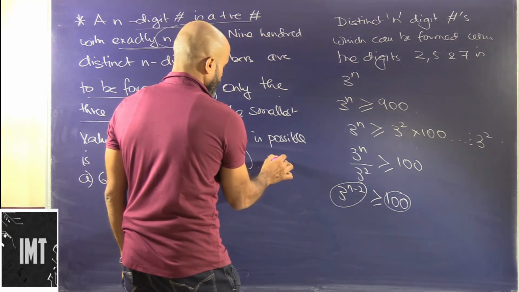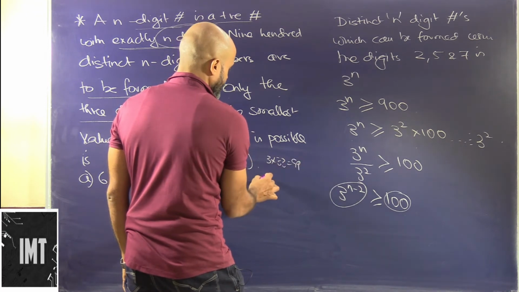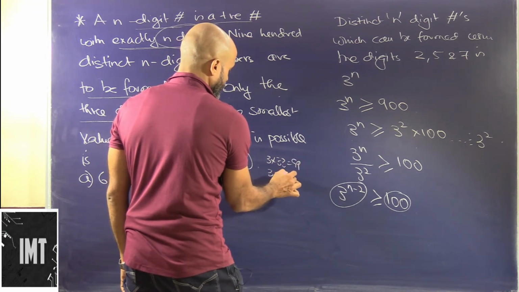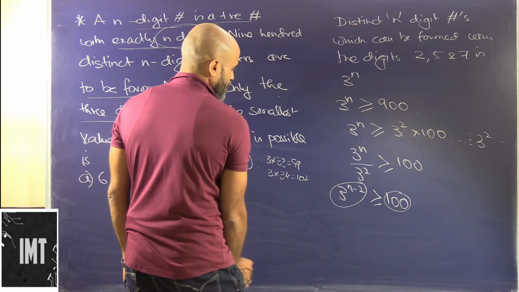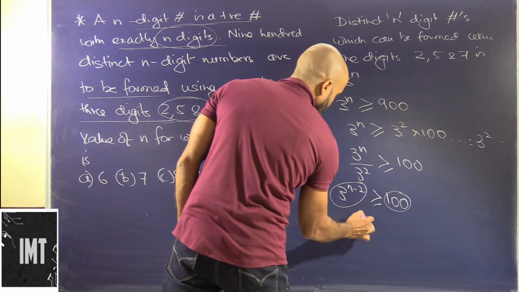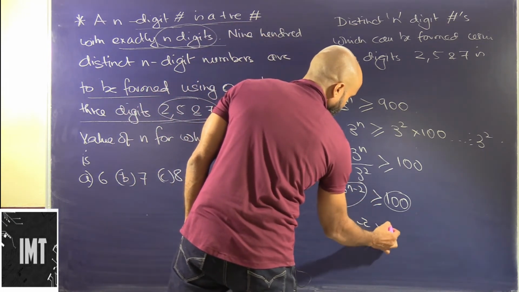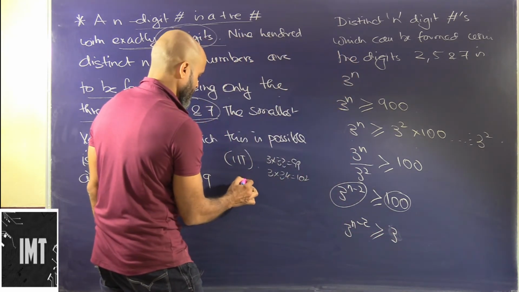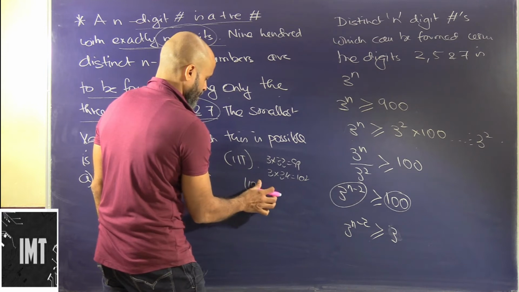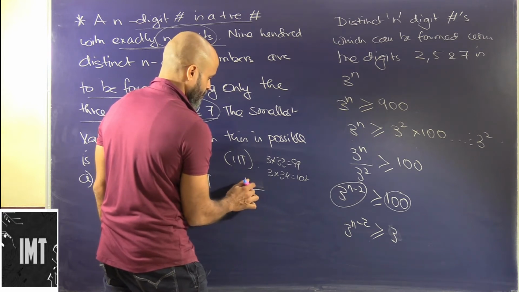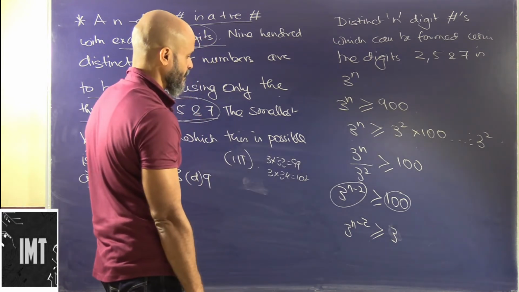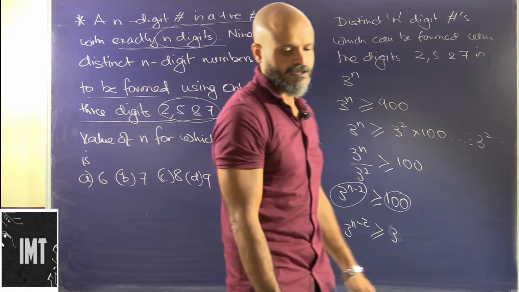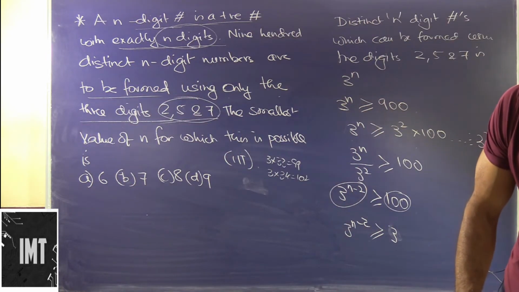We have 3 threes are 9, and then 3 to the power of 4 is 81. Getting confused here. Is the option given correct here? Let me check.